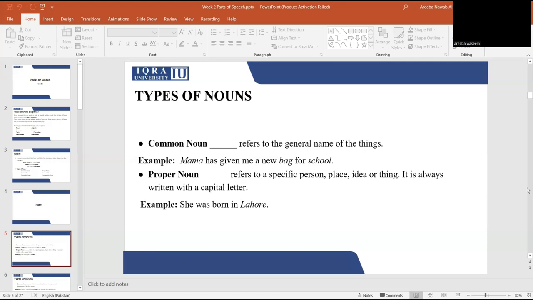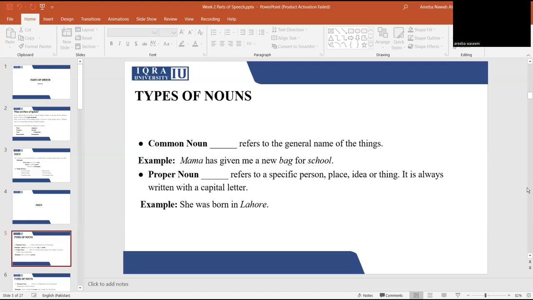And then there's proper noun. Proper noun refers to a specific person, place, idea, or thing. It is always written with a capital letter. So proper noun is your name, the name of the city that you live in, the name of your country, anything that has a specific name for it.